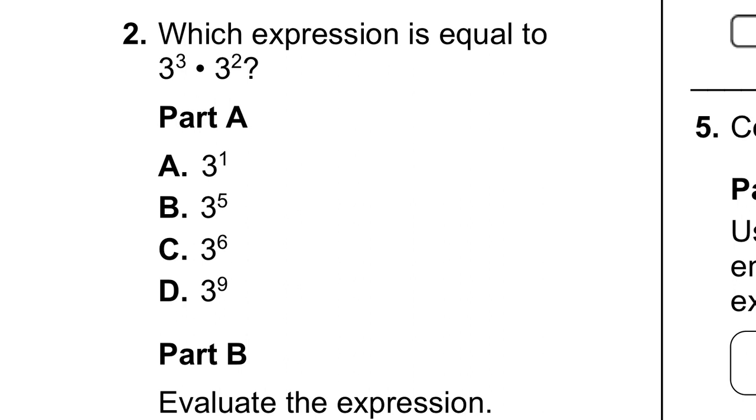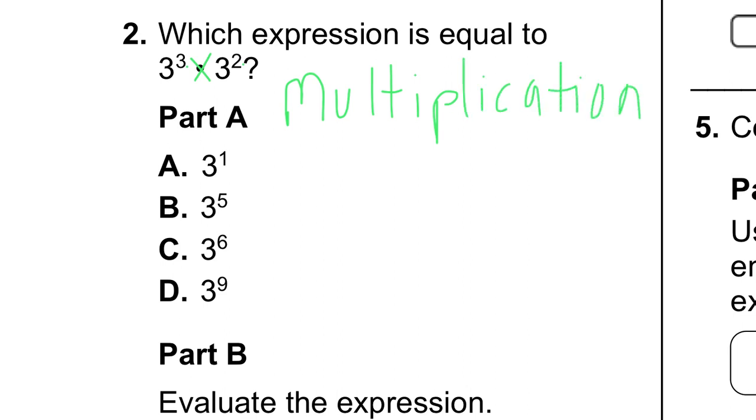Okay, problem number 2. Problem 2 involves multiplication, right? That's what the little dot in the center means. So we have 3 to the 3rd power multiplied by 3 to the 2nd power. How do we solve a problem like this? Well, according to the laws of exponents, when we have multiplication, we can do the following.